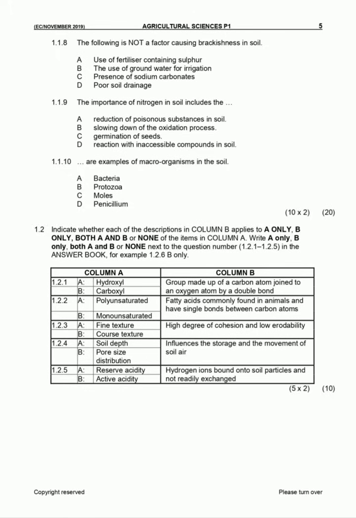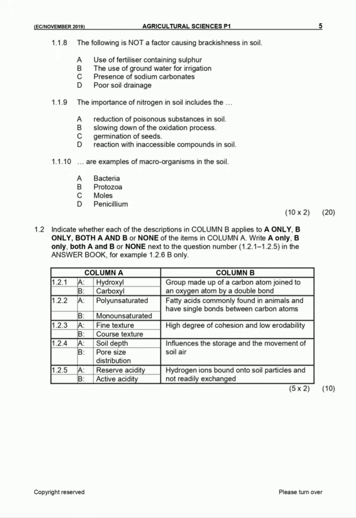I don't think so. But moles are macro. Macro means something you can see with your naked eye. Macro means big, right? So these are organisms that you can see with your naked eye.